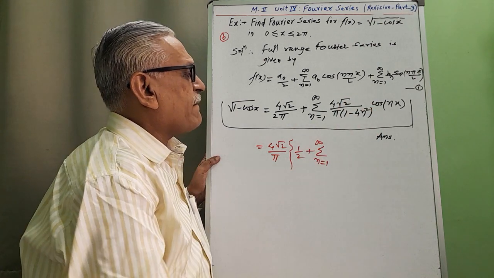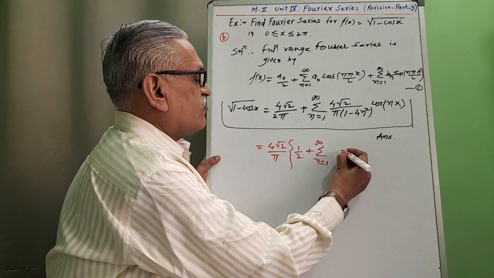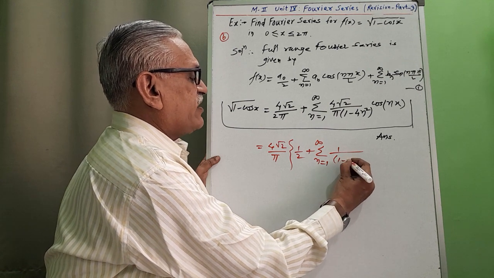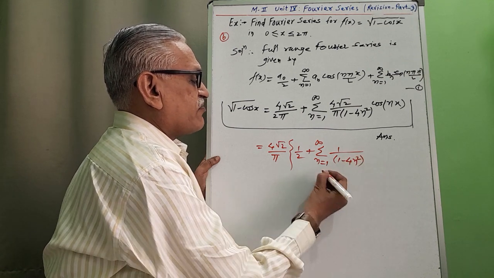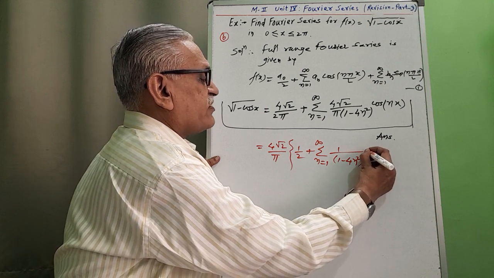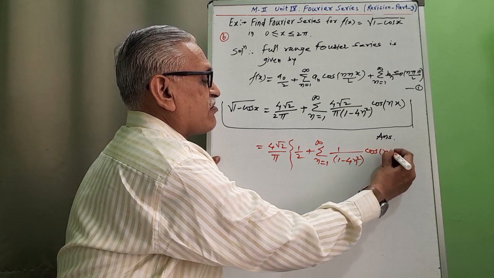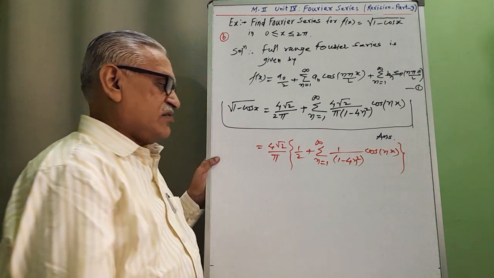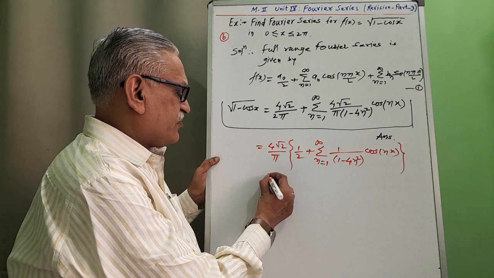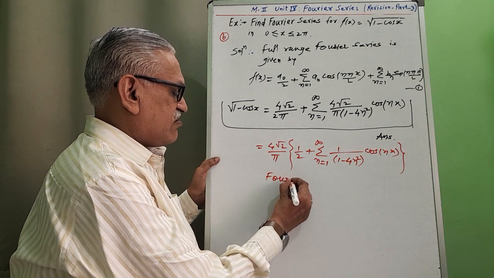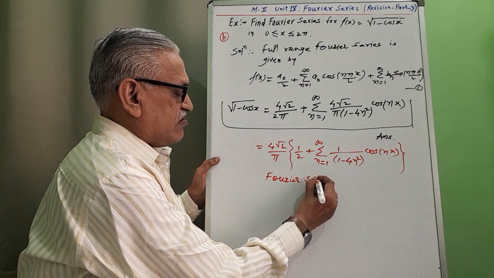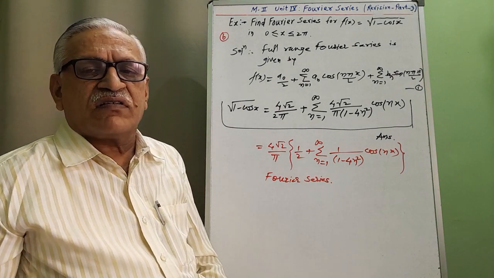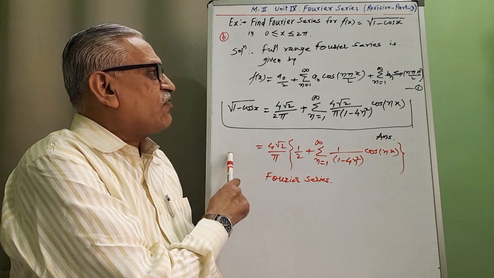The remaining terms are 1 upon 1 minus 4n square into cos of nx. This is the required Fourier series for that given function, square root of 1 minus cos x.